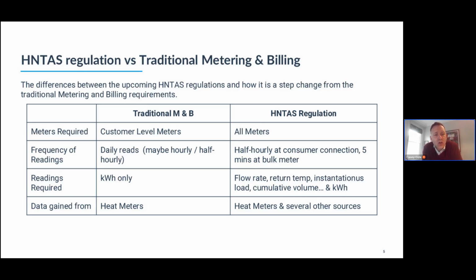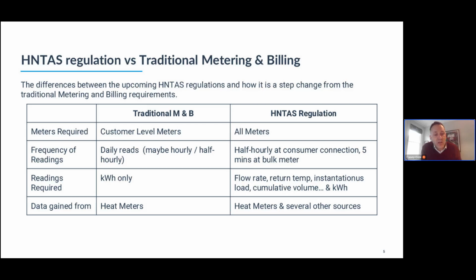So if we take a look at traditional metering and billing and the sort of thinking around the data, what meters are required? Well, M&B usually thinks about the meters you need to charge people. Makes total sense. You got a customer, you need to measure their consumption in order to charge them for what they use. But HNTAS needs all the meters, and not just meters, as we have seen.